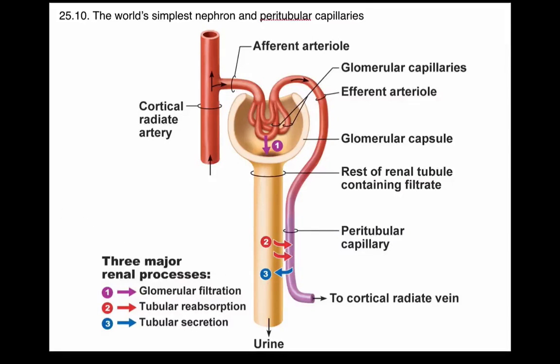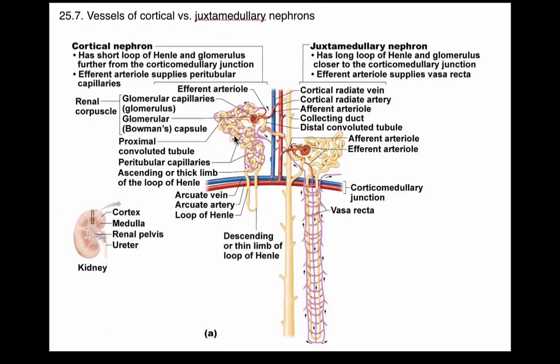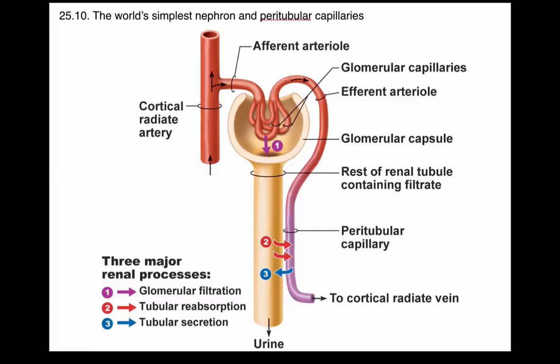Again, either the ones that are around the PCT and DCT or the vasa recta that's going around the nephron's loop. Either way, those are going to be receiving some substances through tubular reabsorption, or some substances are going to get dumped back into the filtrate, and eventually it's going to turn into urine by the time it's at the end of the tubule system. Then this blood is going to continue on to the cortical radiate vein and ultimately to the renal vein.